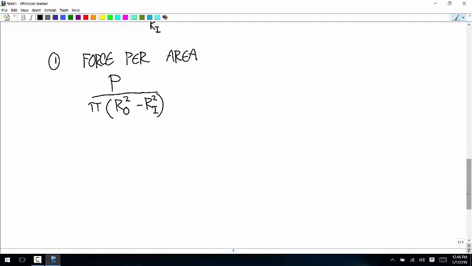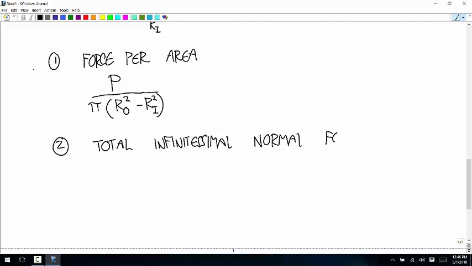So for any area region that we want, we can figure out the total force on that region by multiplying this times the area. So the second one is the total infinitesimal normal force on the infinitesimal ring.